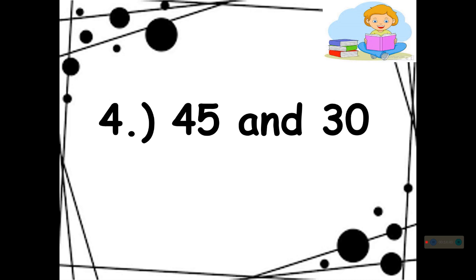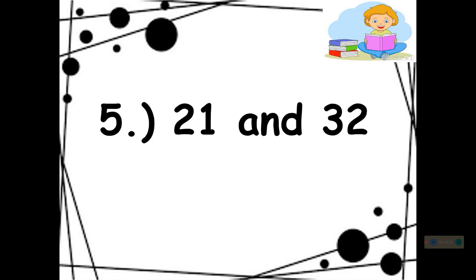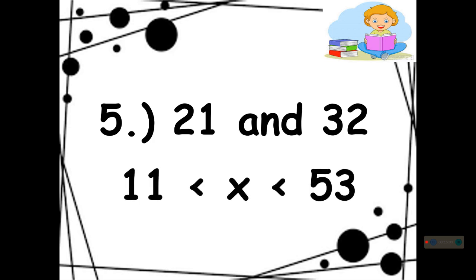Number 4, that's correct, x is greater than 15 but less than 75. For the last question, we have 21 and 32. What should be the range of the third side? That's correct, x is greater than 11 but less than 53.